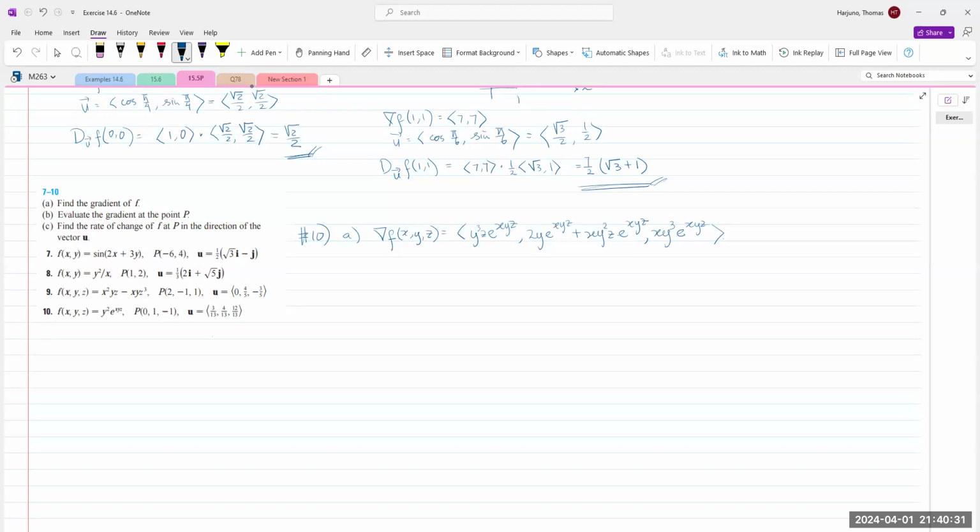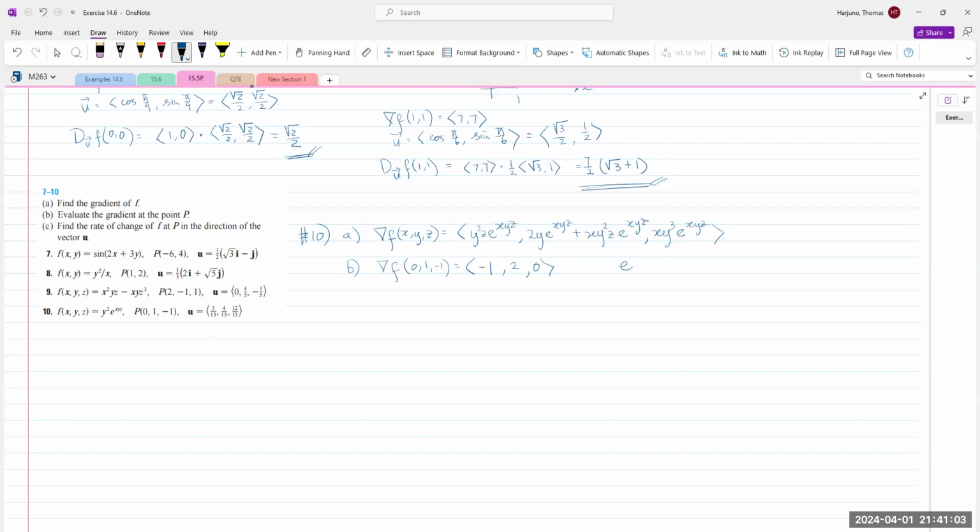Now then, part B, evaluate the gradient at point P, f at 0, 1, negative 1. The product of x, y, z is 0, right? Okay, and then this is 2, and then this is 0.